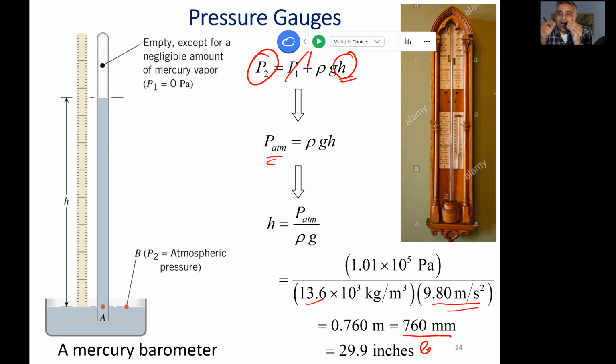By just watching how the pressure is changing, you can tell whether there is going to be a storm or not. So how do they do it? Fluid always likes to flow from a higher pressure region to a lower pressure region. So if the pressure decreases in this area, for example, then the air molecules from the other area want to rush into this area.